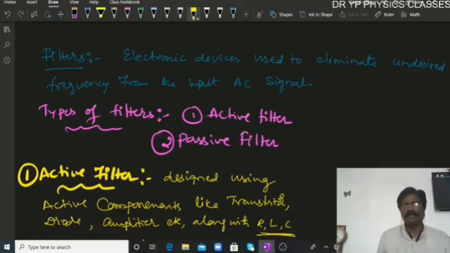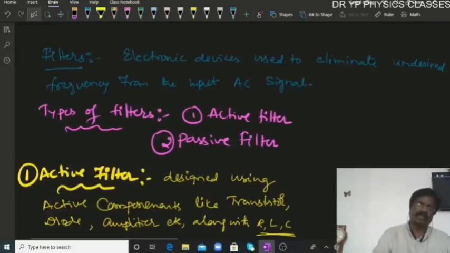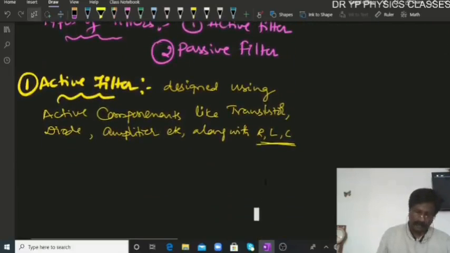Along with these R and C, if I use transistor, diode and amplifier, then that part of the filter is called as the active filter.